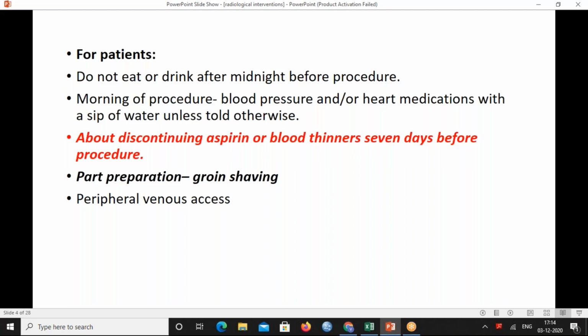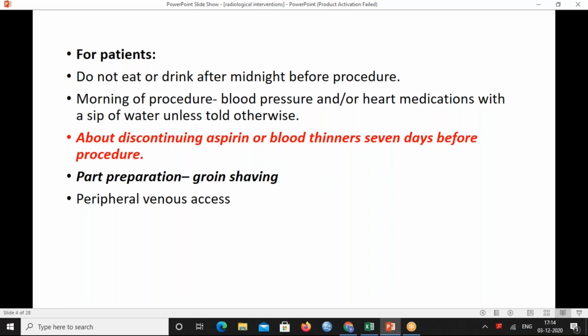So for every procedure, aspirin or dual antiplatelet is not contraindicated, but for procedures where a PCT is done and the coagulation profile is deranged, one can think of avoiding or stopping antiplatelets for 1, 3 or 5 days before the procedure.